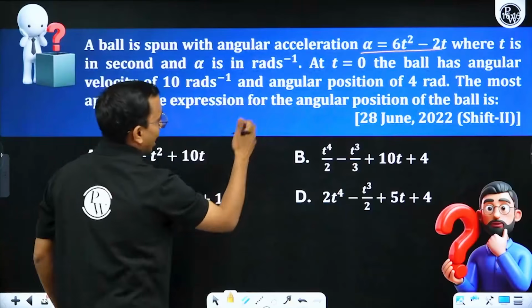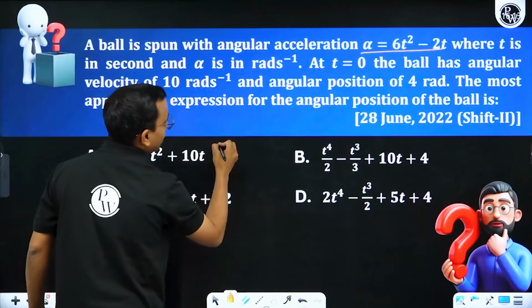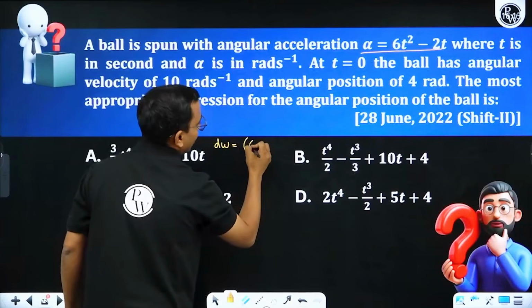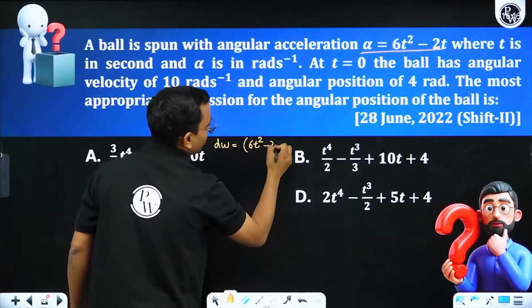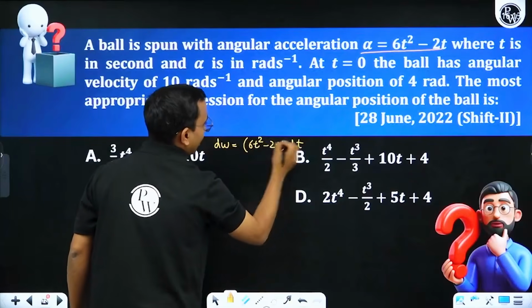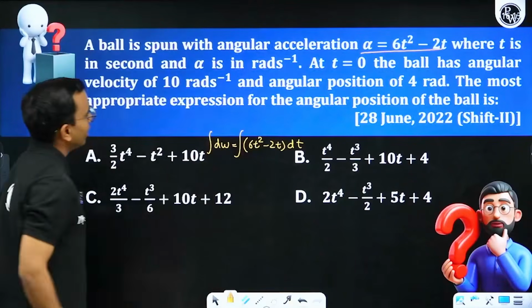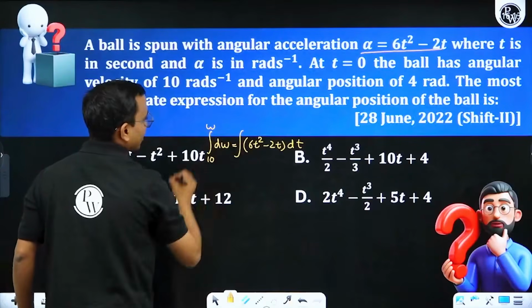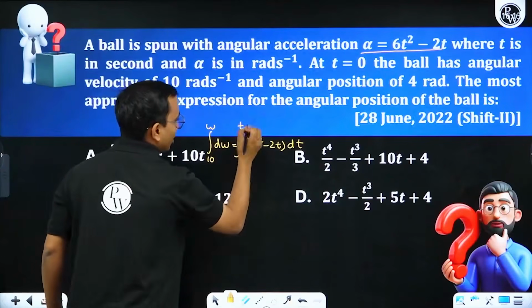So what is alpha? Alpha is d omega by dt. So d omega is basically 6t square minus 2t dt, integrating both sides. Initial omega was 10, final omega, let us take that as omega, and time goes from 0 to t.